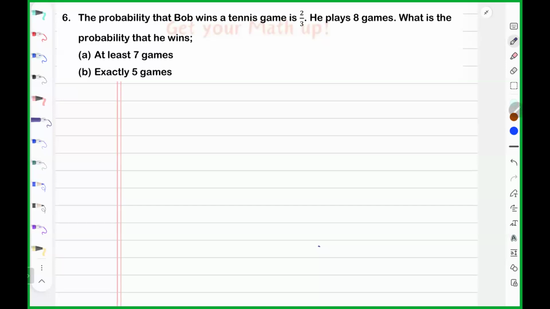So that's our P. Which means that our Q will be equal to 1 minus 2/3, the probability that he does not win, which gives us a third. And then N, the number of times for which he played, is equal to 8.